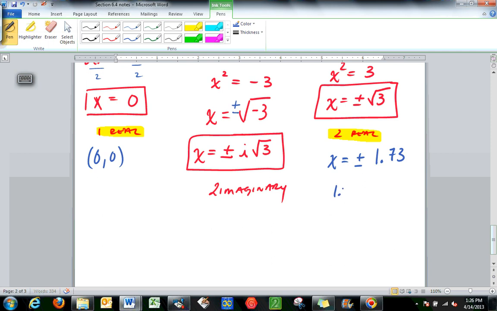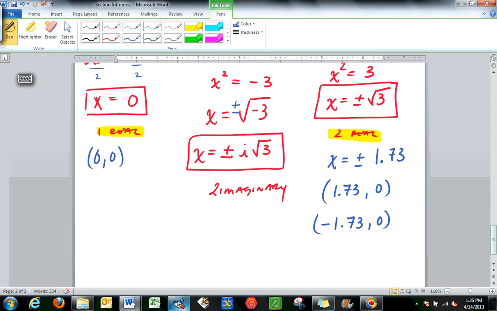And this is going to give us a point of 1.73 and 0. And this is going to give us another point of negative 1.73 and 0. So those are our x-intercepts, and you can see we should have 3 x-intercepts on our graph.